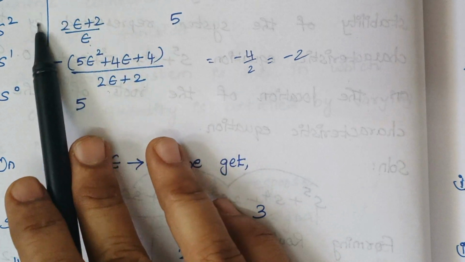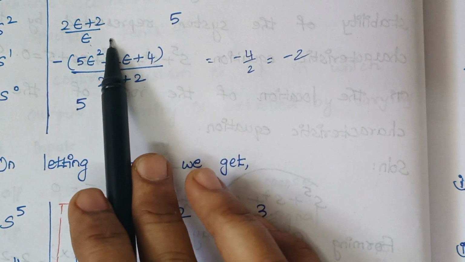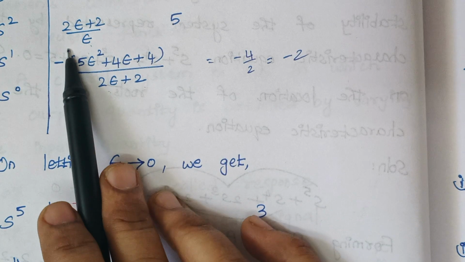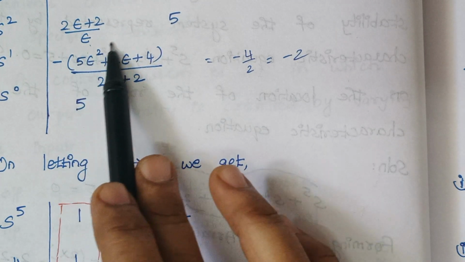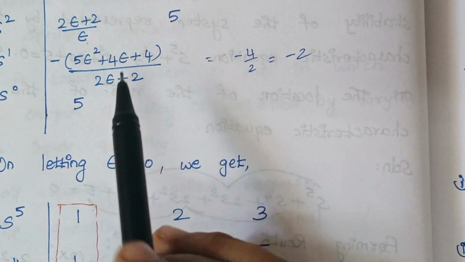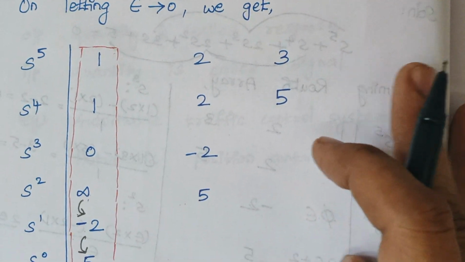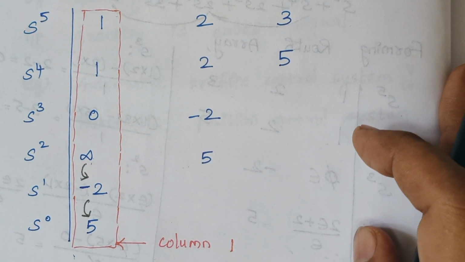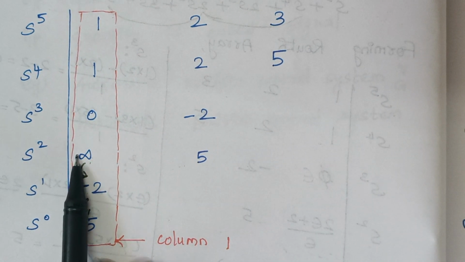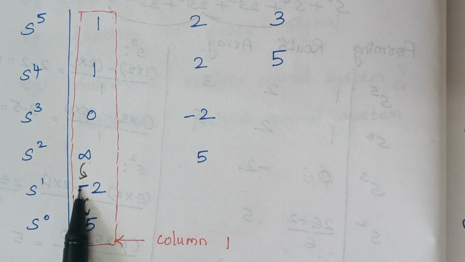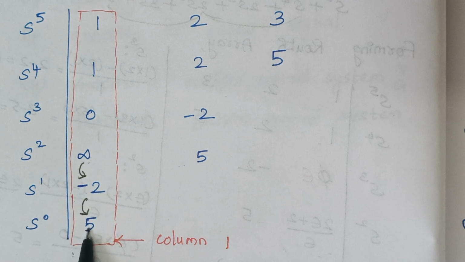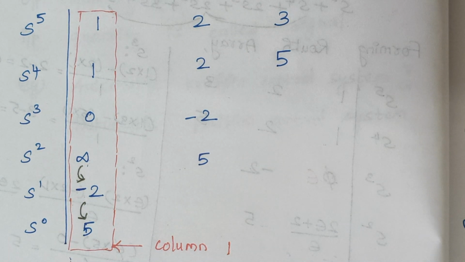So since this term doesn't contain any negative sign, we are taking that value as plus infinity, right? So only here I had written that term as plus infinity. So what are all the sign changes here? So from plus to minus, this is your first sign change, and from minus to plus is your second sign change. So totally how many sign changes? There are two sign changes, right?